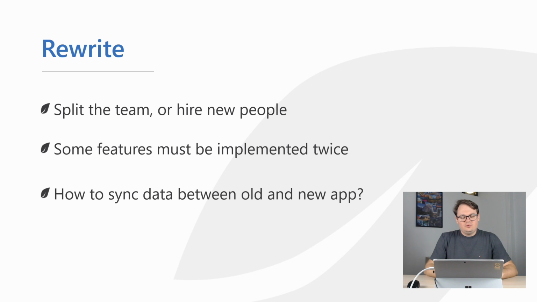Also, if you try to run those applications in parallel, so you will implement some parts of the applications in the new technologies, but you will need to run this side by side with the old application, it's probable that they will have separate data stores maybe, so it can mean that you would need to synchronize data from one part to the other, and in many cases I have seen that two-way synchronization was needed.